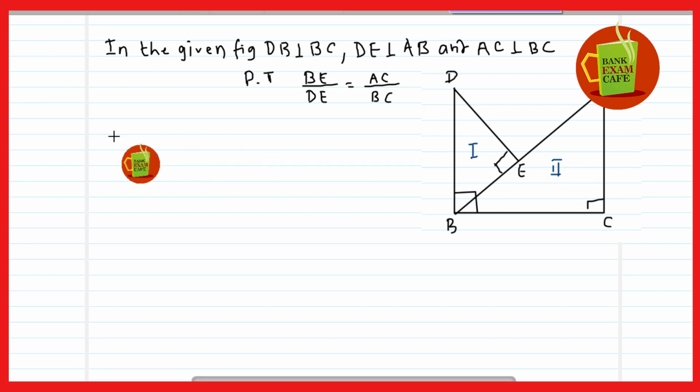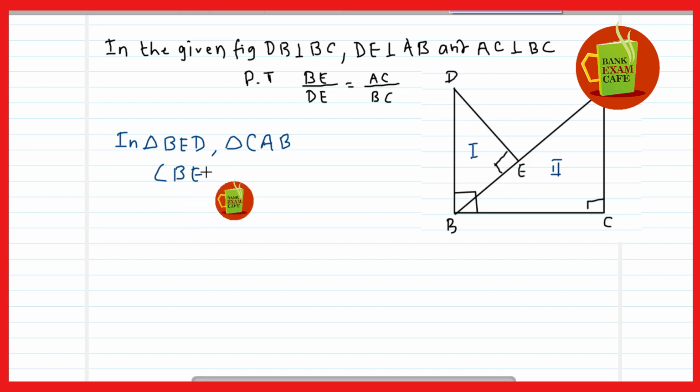So here in triangle BED and triangle CAB, angle BED is equal to angle BCA. These two angles are 90 degrees because it is given.